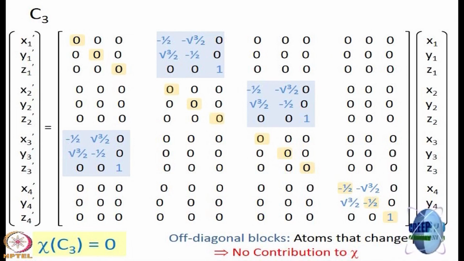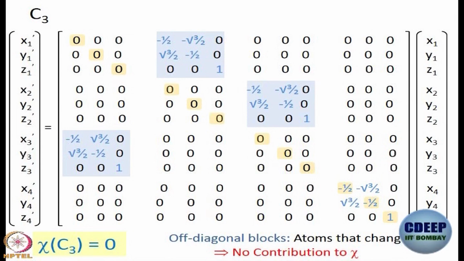So, what we see is that if atoms change place, then the non-zero blocks actually go off diagonal, right. What is the only atom that has made some non-zero contribution to the character? Atom 4, the only atom that has not moved from its own position as a result of the transformation.